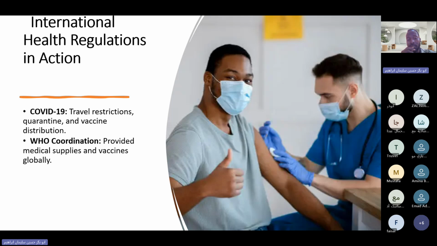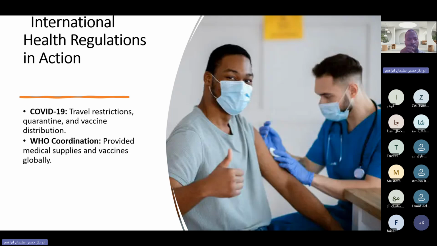All of this is the action of the International Health Regulations, because during COVID-19 they restricted traveling, required quarantine, and managed vaccination and distribution of the vaccine.